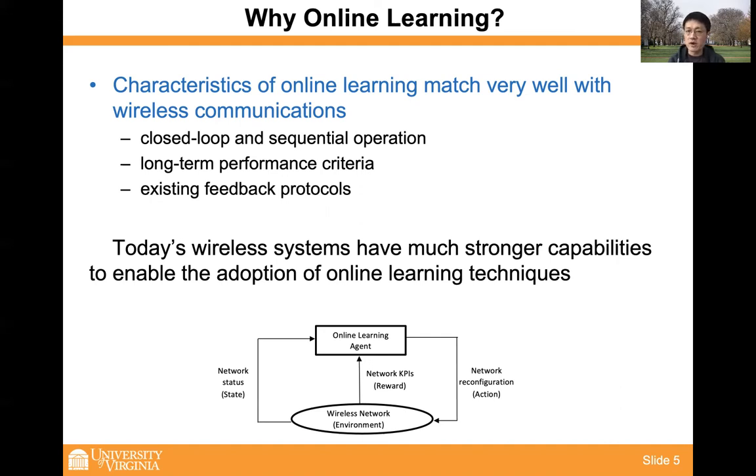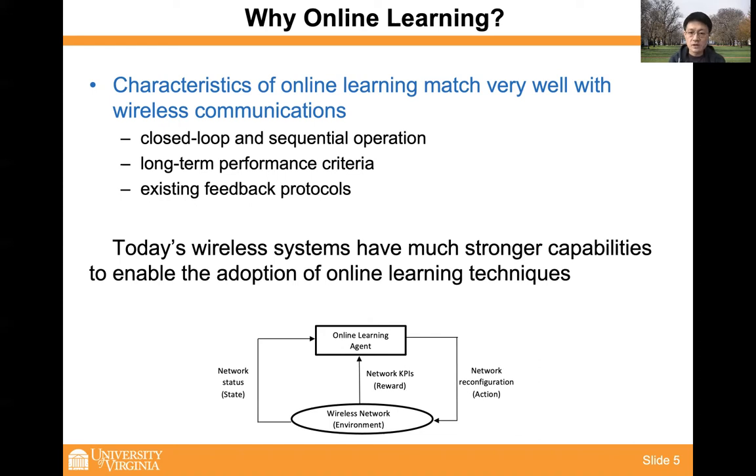But fortunately for wireless, we have very well-designed feedback protocols in place. The system allows you to collect KPIs, and the user equipments, or the UEs, would report back their measurements. You get all kinds of feedback information from the system. So this is really a plus when you try to apply online learning to this type of problems.